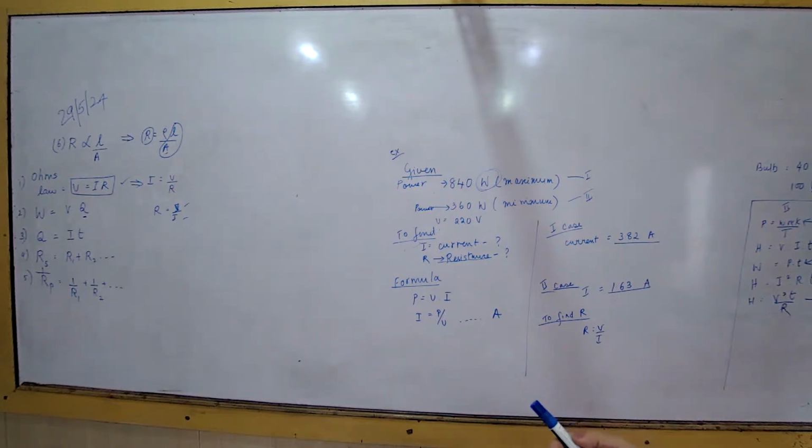See what formula we use in Ohm's law. V is equal to IR. We are finding out R is equal to V upon I. V is already given to us, right? It is 220 divided by.